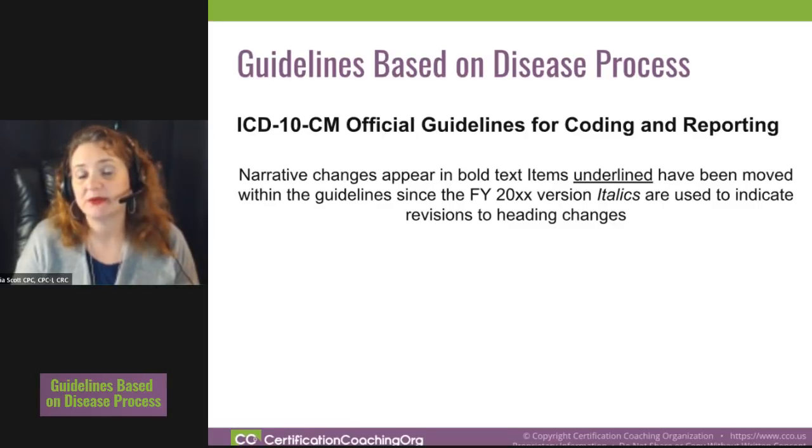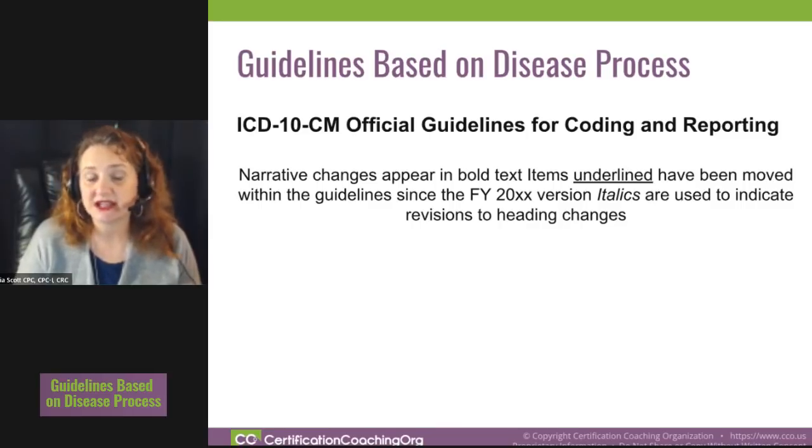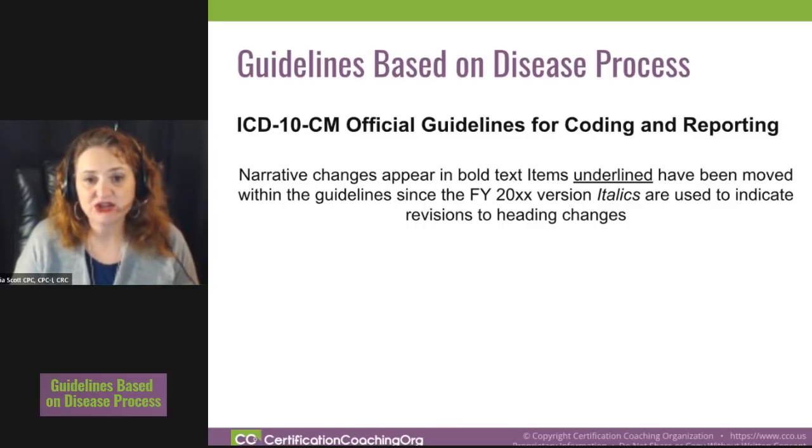Don't confuse that with PCS. ICD-10-PCS is for procedures for inpatient facility coding, and it has its own manual. So it is the official guidelines for coding and reporting. That's its name. And then right under that, it tells you that every year you're going to see changes.